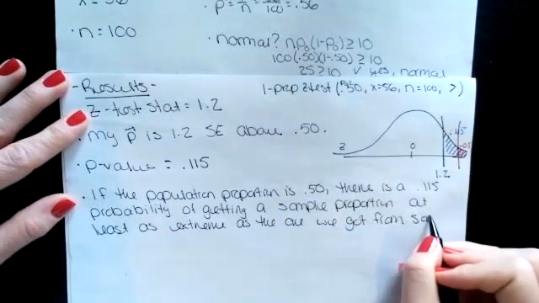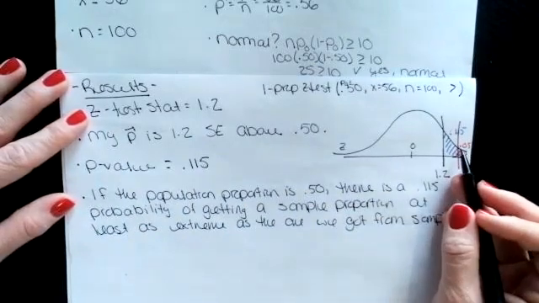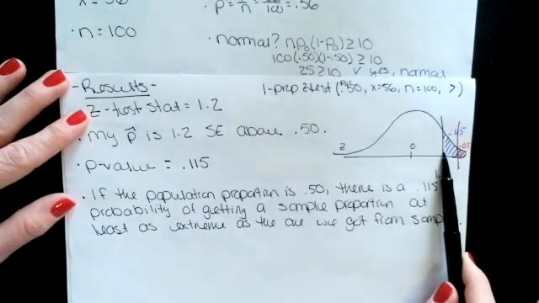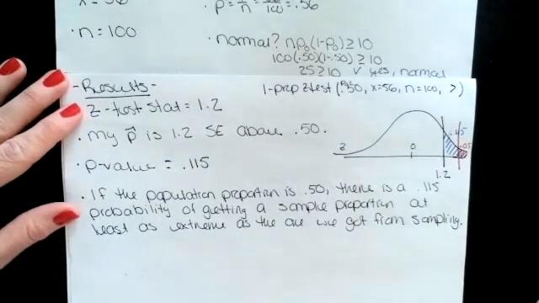So what that's saying is that I have an 11.5% chance of getting another sample proportion, so another p hat this far away from the center or further away. Okay, that's what that's saying.